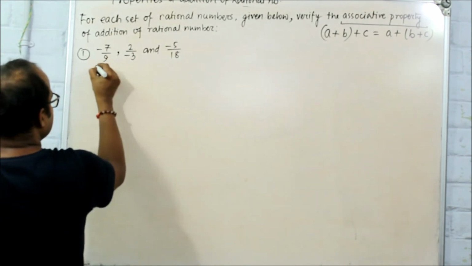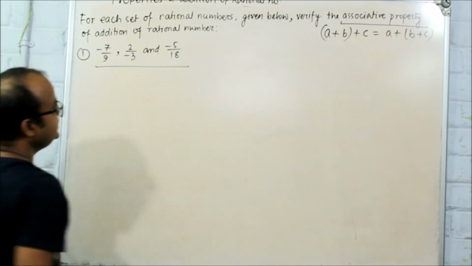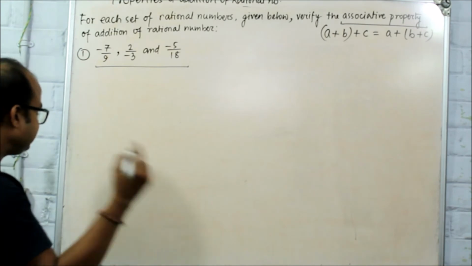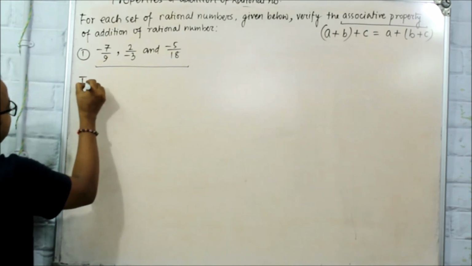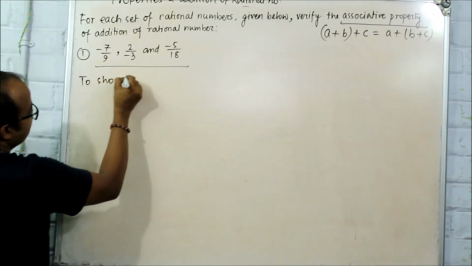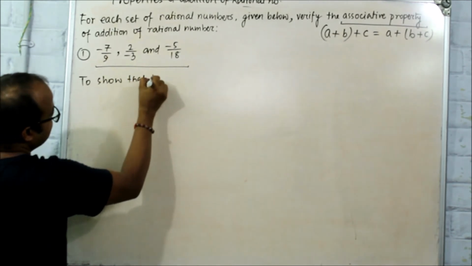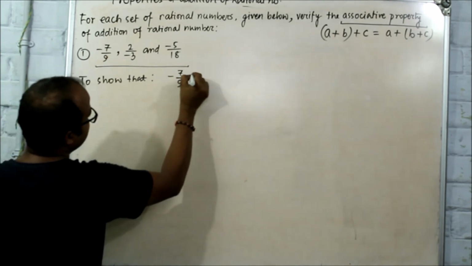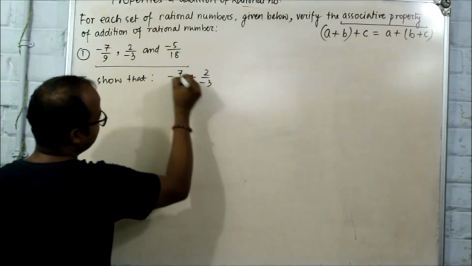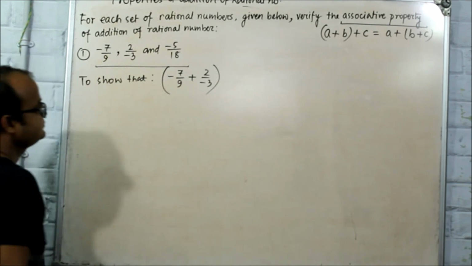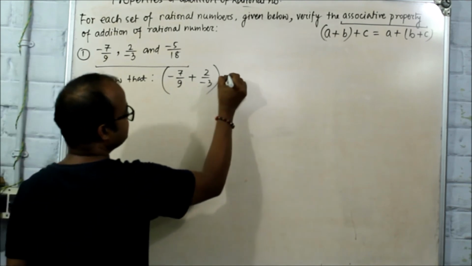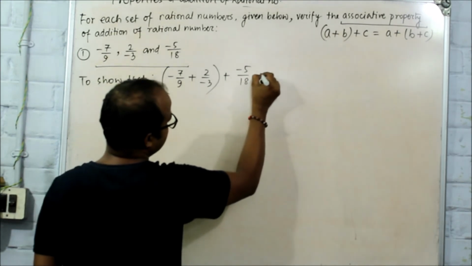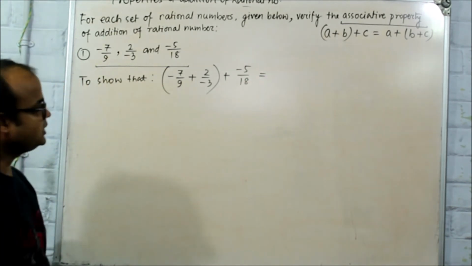So now we need to prove the associative property for this set of rational numbers. That means we need to show that minus 7 by 9 plus 2 by minus 3, plus minus 5 by 18 is equal to... Clear?